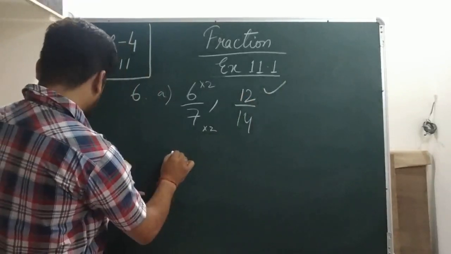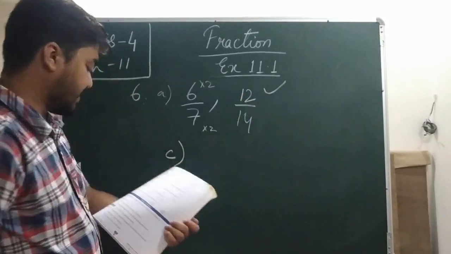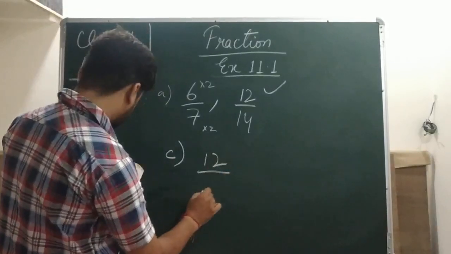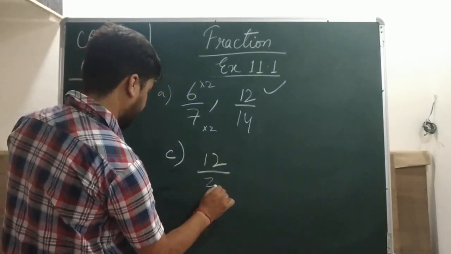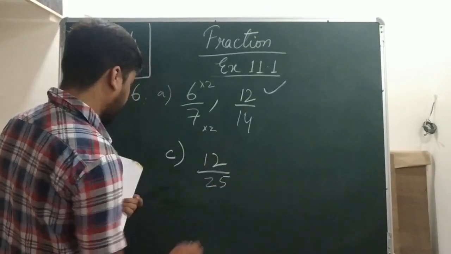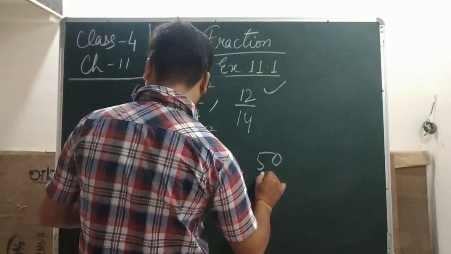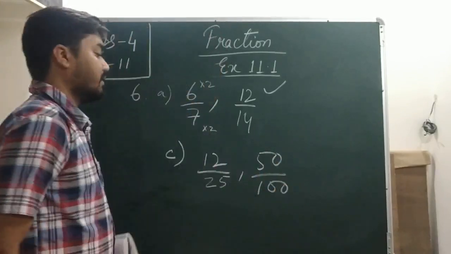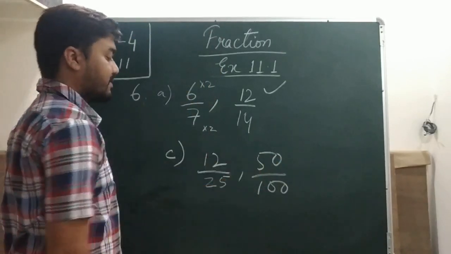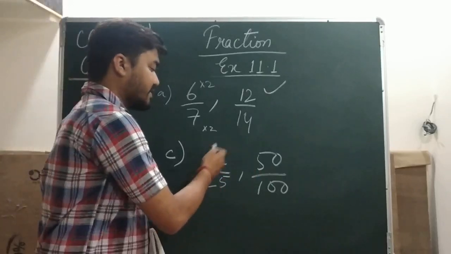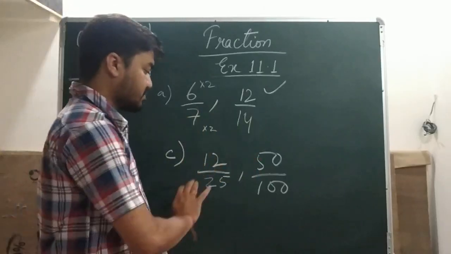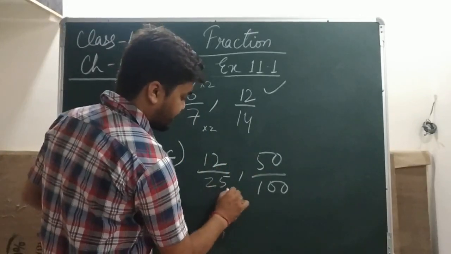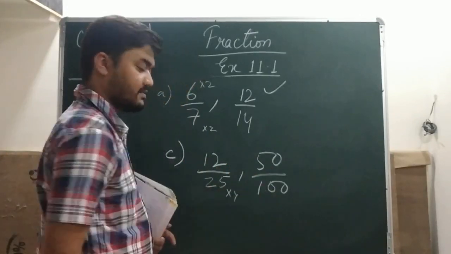Okay. Similarly, in part C of question number 6, it is given 12 by 25 and 50 by 100. We cannot multiply, see, in the 12 table 50 doesn't come, so we cannot check with that number, but here we can check: 25 into 4 is 100.